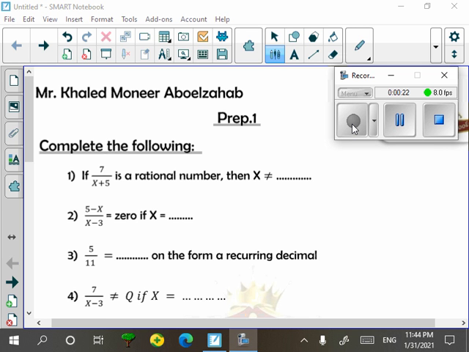First one: if 7 over x plus 5 is a rational number, then x is not equal to what?